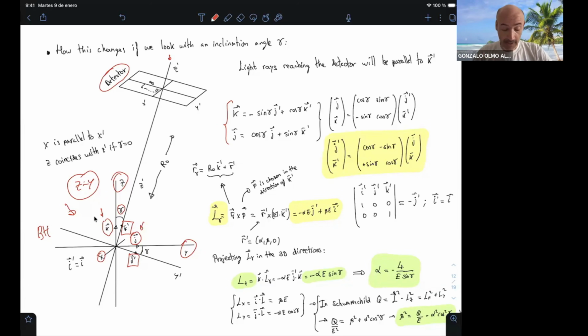Look at the diagram and you will convince yourself that this is the right relation. It's just a rotation. It's very simple. And once we have this rotation of the axis, we can write it like this, and we can invert the relation. That way we know the relation of these vectors on the detector plane with respect to the vectors on the emission plane. And now we do the same as before.